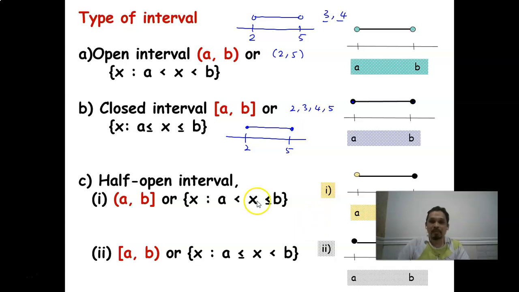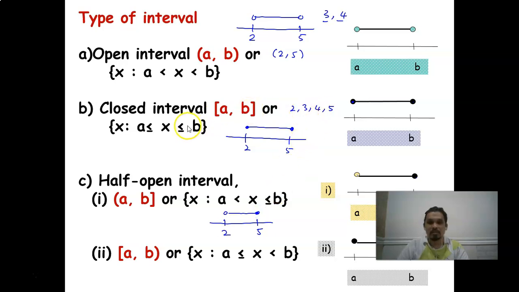Okay, half open interval. Half open means that it is either open on the left side and closed on the right side, or closed on the left side and open on the right side. So the first one here, which is 2 until 5, open and closed.